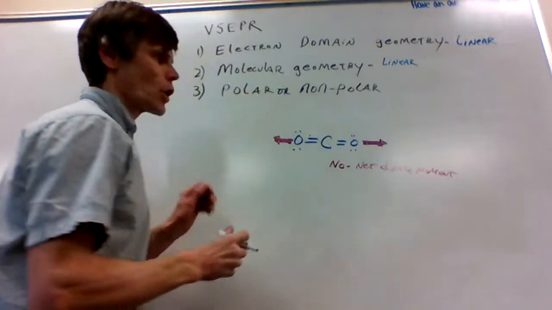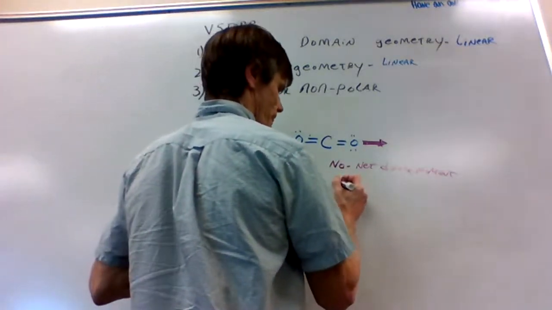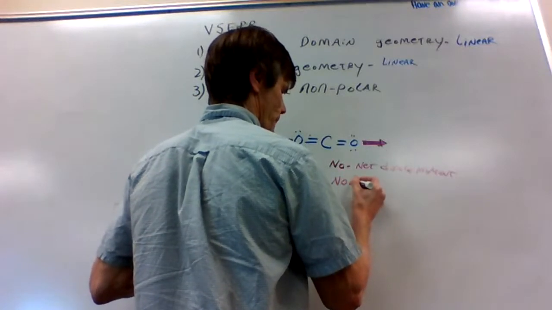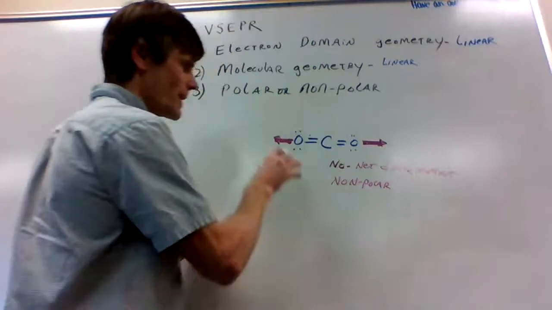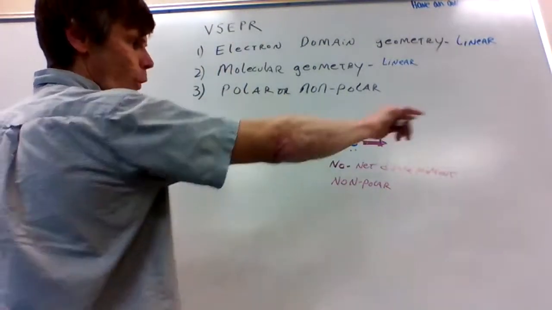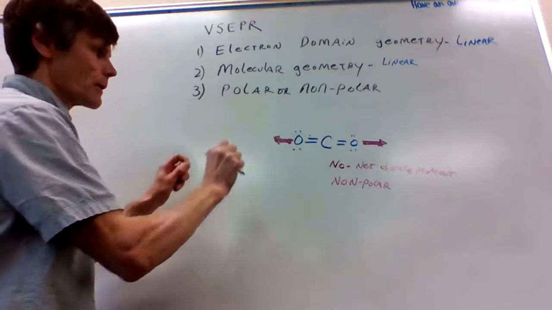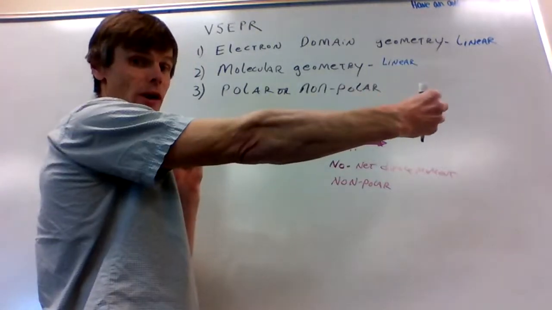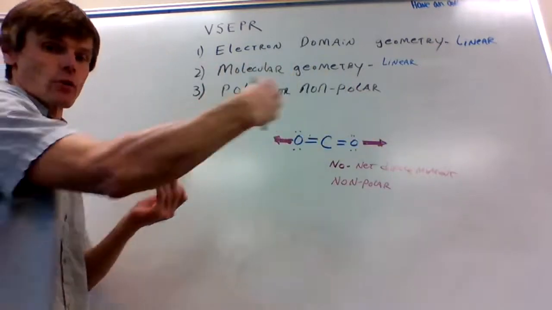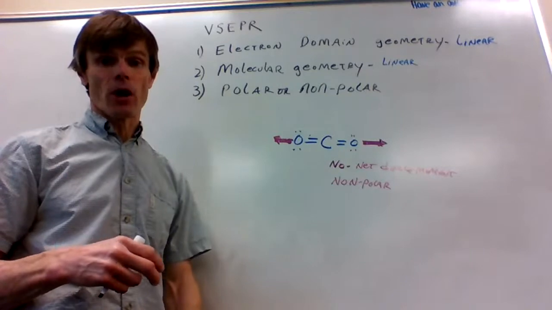And we would say that carbon dioxide is nonpolar. And we can see how those arrows point in opposite directions and would cancel one another, and we would end up with no net distribution of electron density in one direction or the other, and we end up with a nonpolar molecule.